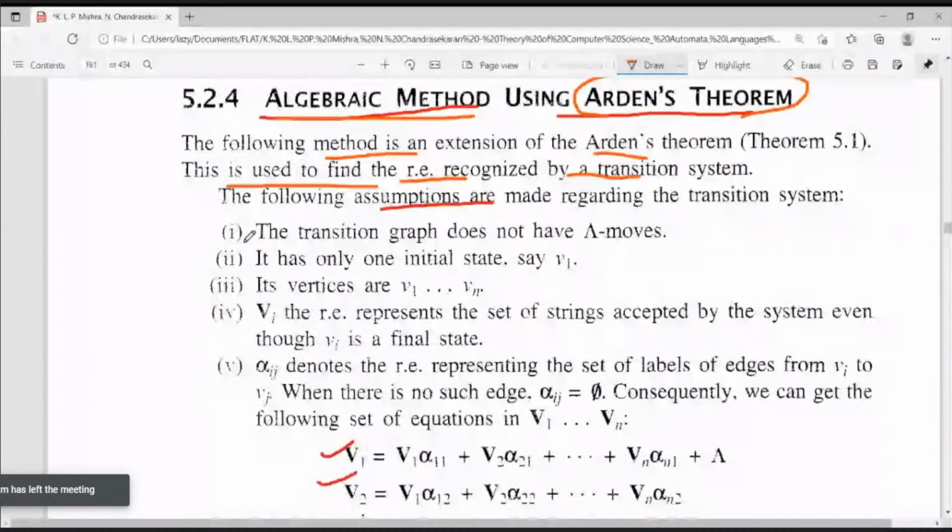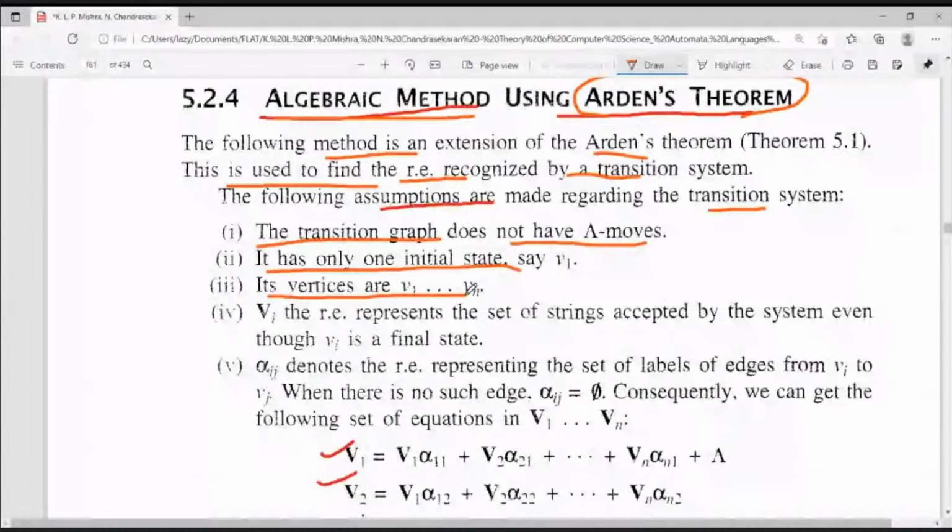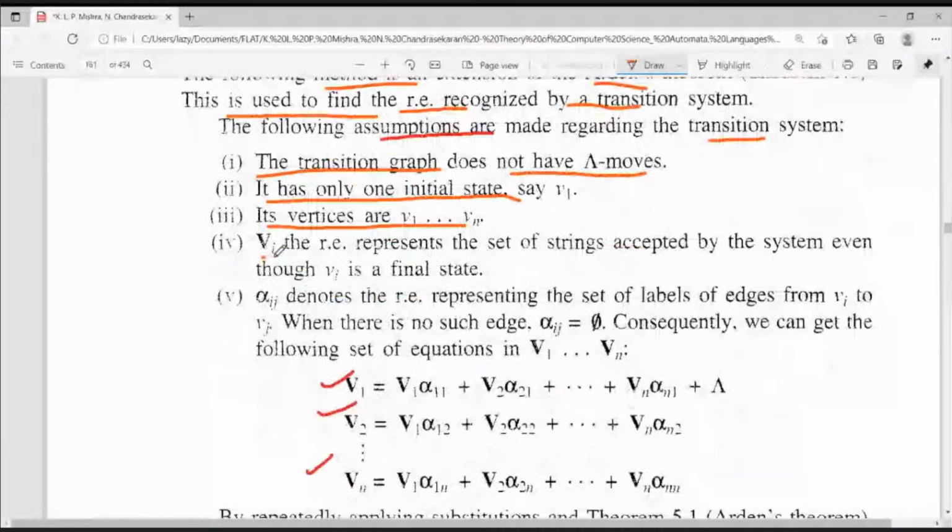The transition graph does not have empty moves. It has only one initial state. Its vertices are V1 to Vn. Vi, the regular expression, represents the set of strings accepted by the system when Vi is a final state.